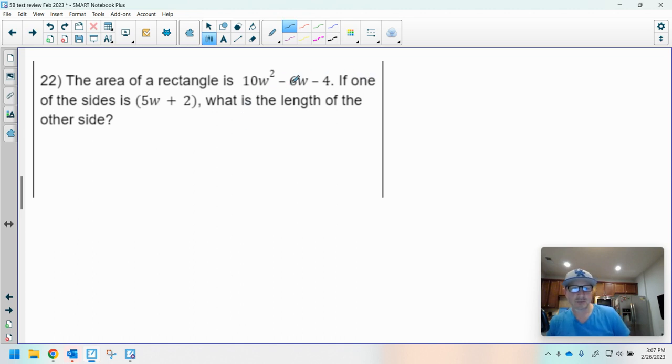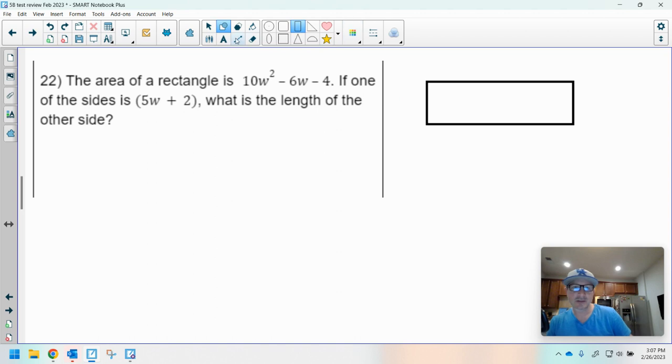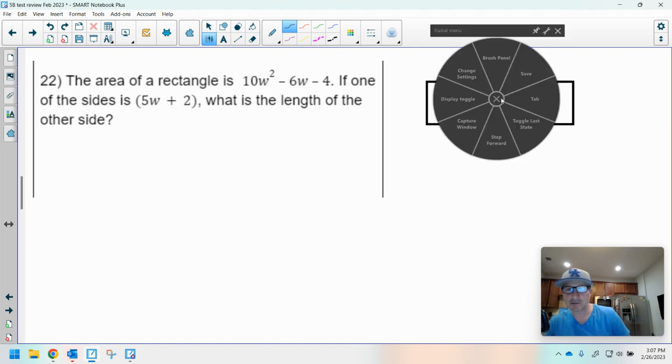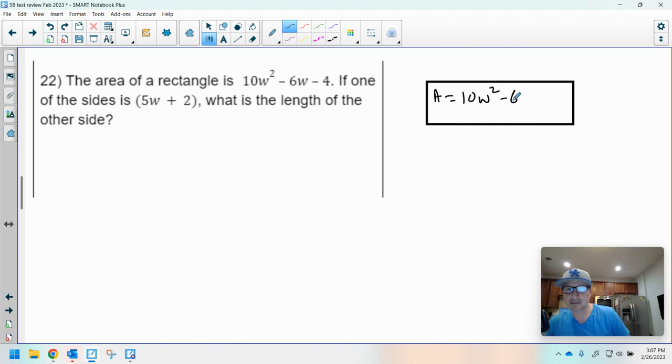We have what looks like a rectangle, and they want to know the area of a rectangle. So let's draw that rectangle like we like to do. We know that area is the length times the width. So they give us the area, and it's 10w squared minus 6w minus 4.